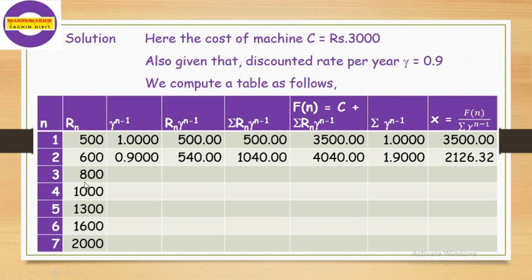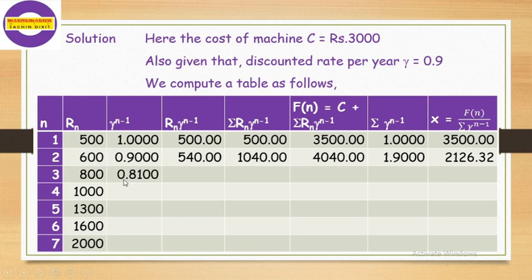So we come to the third year. In the third year, the maintenance cost is 800 and n equals 3. Therefore 3 minus 1 equals 2. That means to find this value in the third year, we have to find 0.9 raised to 2. The value of 0.9 raised to 2 is 0.81.